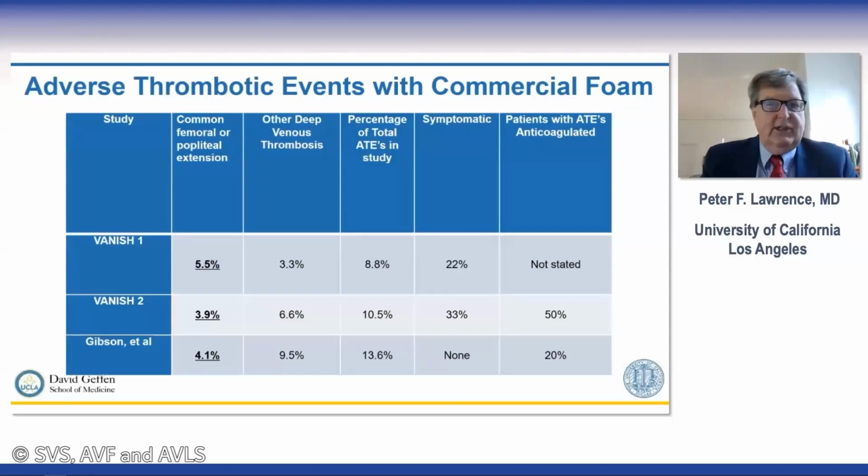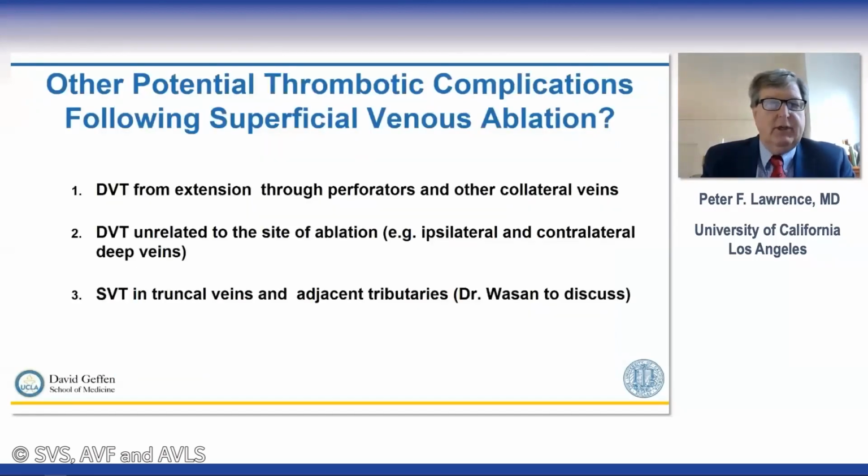In fact, this slide of 3 different studies shows, if you look at the left column, that it appears that the risk of extension is higher when a non-thermal technique is performed, such as, in this case, commercial foam. However, it's also unclear how extensive this is, how far into the deep venous system it occurred. So until that time, we really don't have good data on the non-thermal ablation.